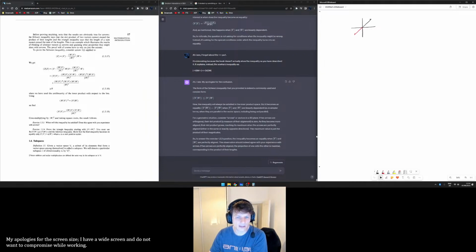Now, it says about that word linearly dependent. I never knew that linearly dependent is also meaning that. It's quite simple now, isn't it? You don't really have to overthink it too much, which is nice. Let's do another one. It's also saying, when ket v and ket w are parallel, there's equality.